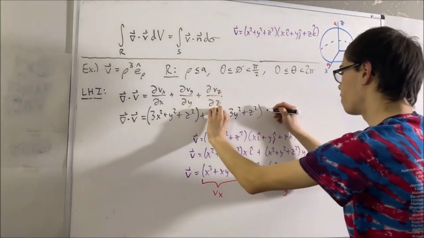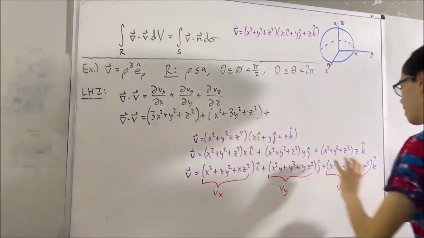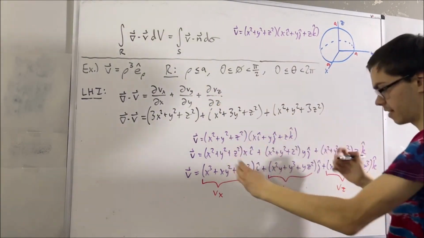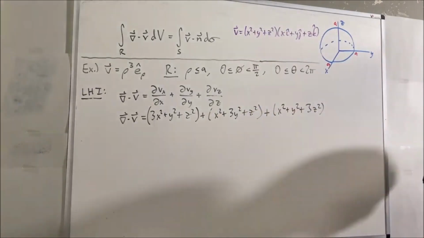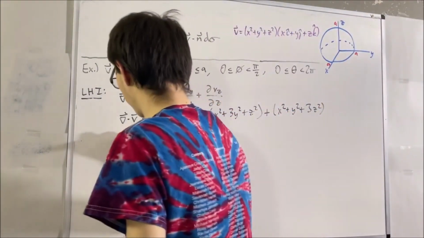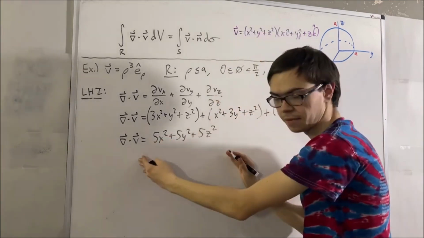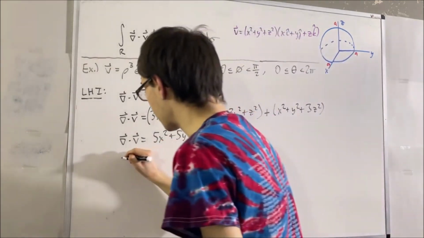Likewise, for this one, if you take the derivative of this thing with respect to z, you get this. So now, if you add all of this together, you're going to get this. And we can then factor out a 5.